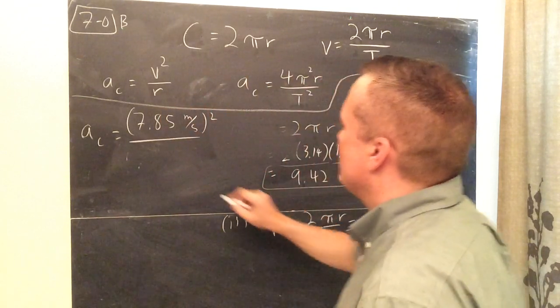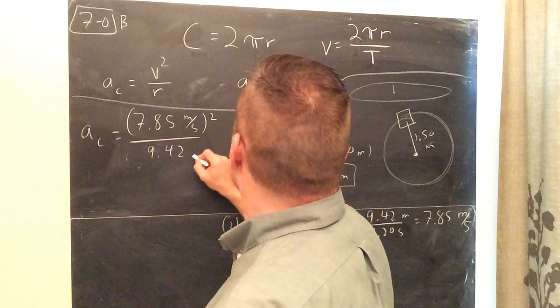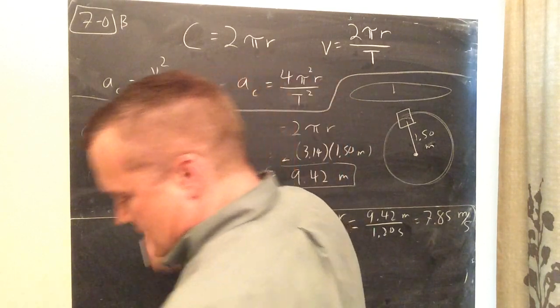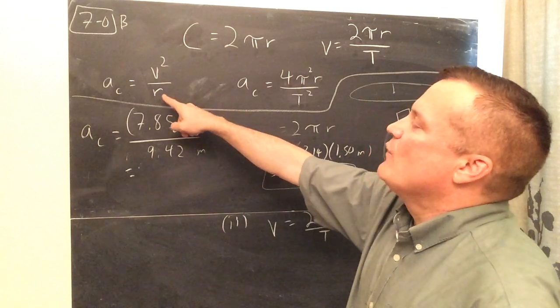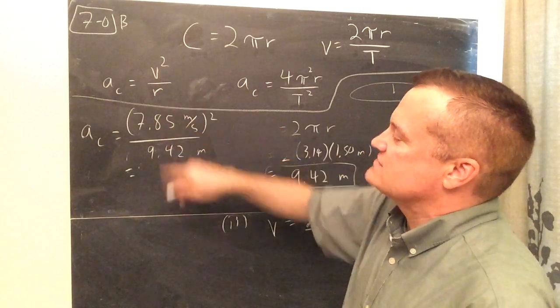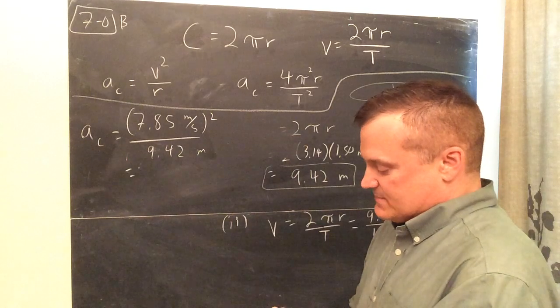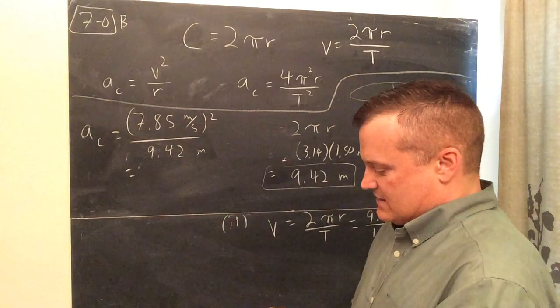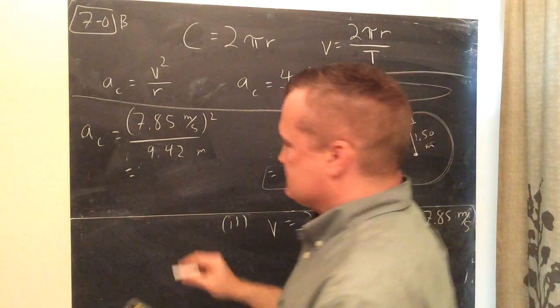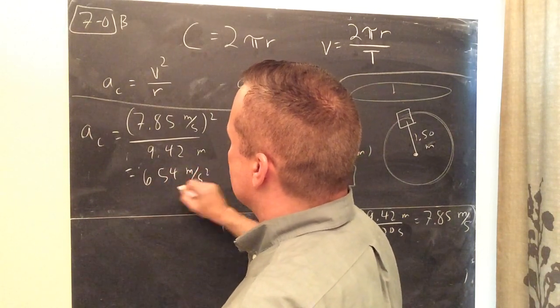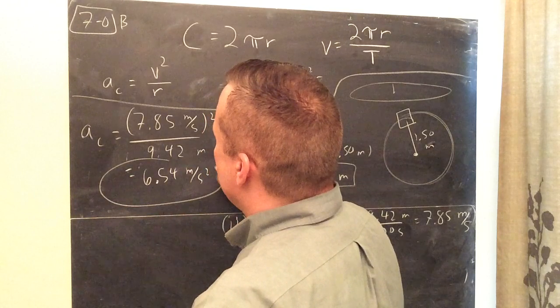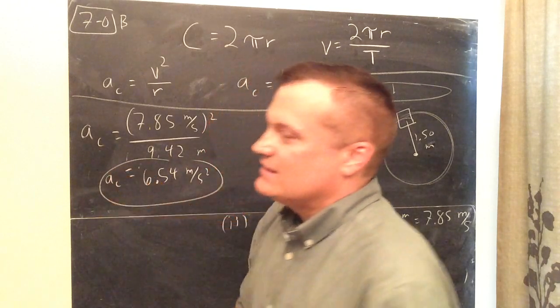And the radius was 9.42. You might say, well, there's no time in that. Well, there is time. It's included in the velocity. So square 7.85, then divide by 9.42, and you get 6.54 meters per second squared. Now, that's called the centripetal acceleration.